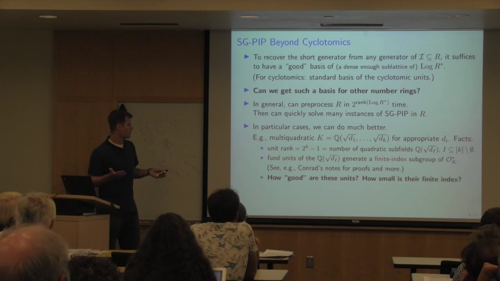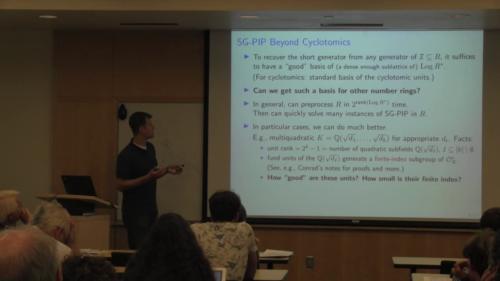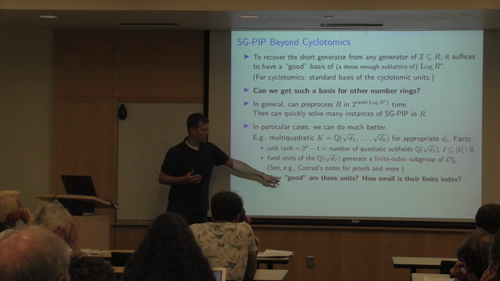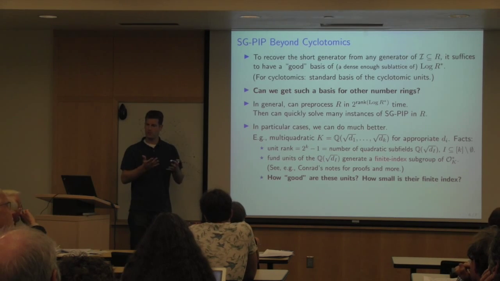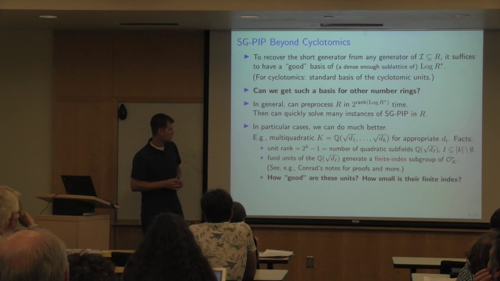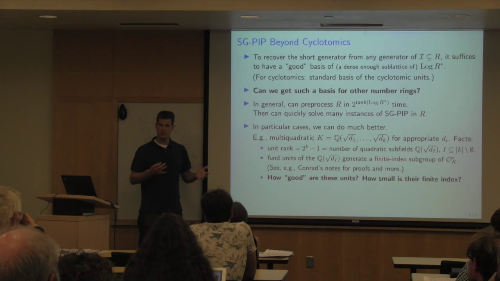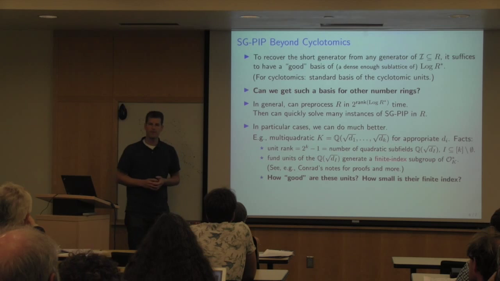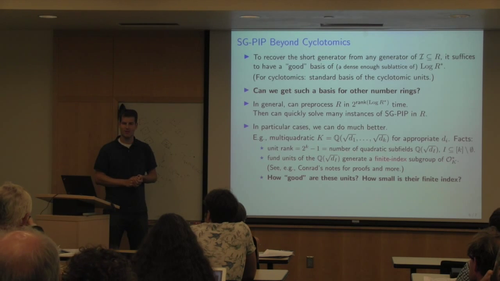The question is, how good are these units geometrically? I mean this now in the log embedding. Are they short? Are they orthogonal? Is their dual good? Are they Gram-Schmidt vectors? You can ask all these nice geometric questions. They should all be relatively straightforward to answer. You know, if you ask Sage, plug it in. Maybe. Yeah. So if they're basically orthogonal, we're in great shape, as long as they're not too small.